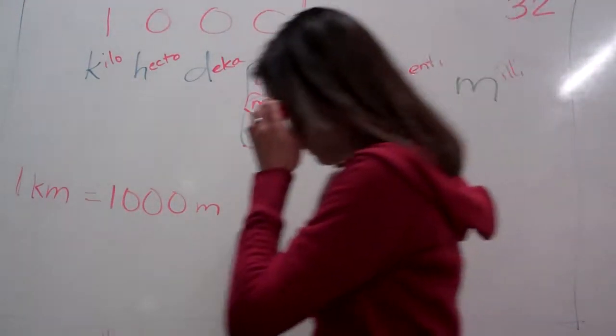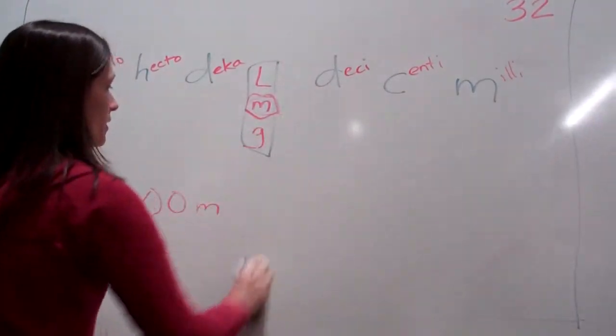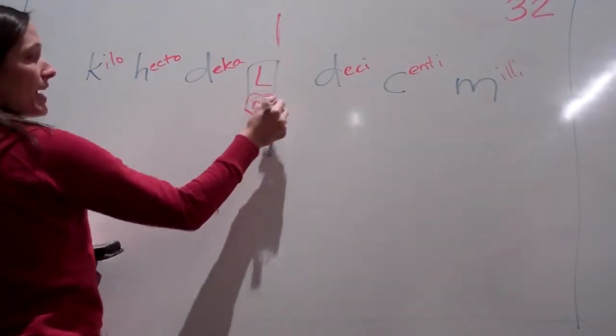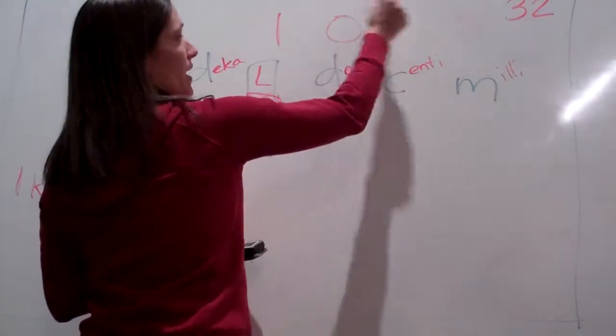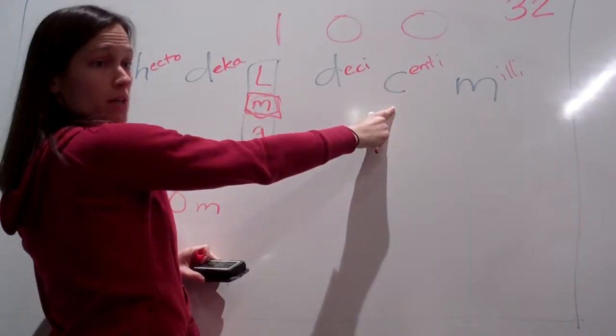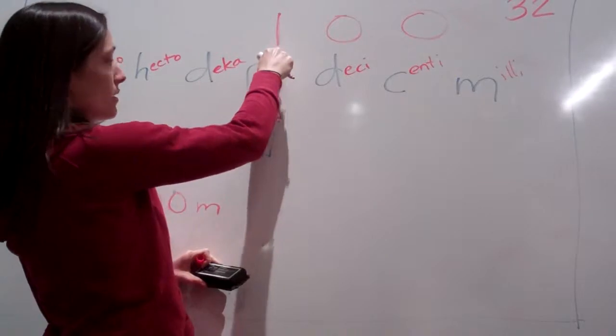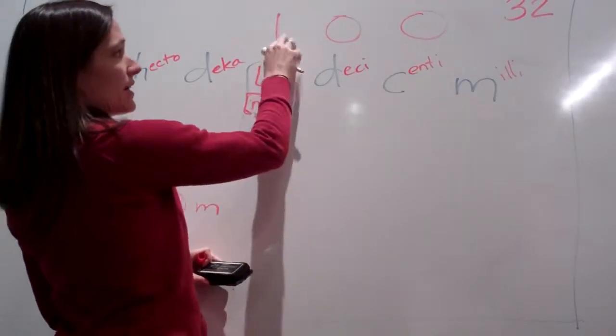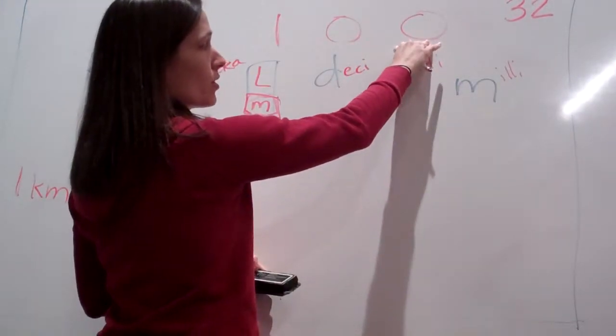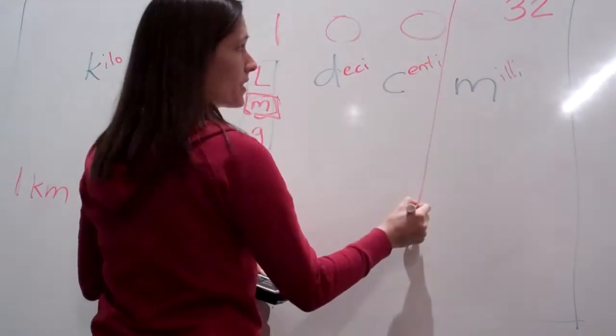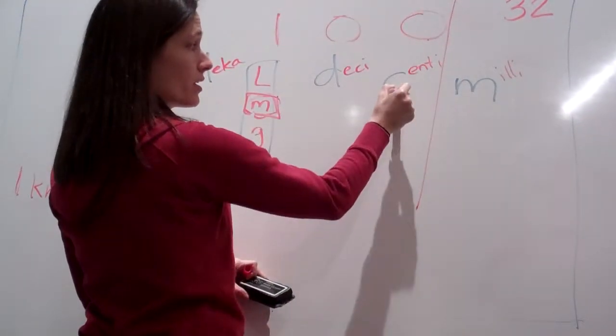Now, 1 meter is the same thing as 100 centimeters. Everybody see how I did that? 1 meter, and then I filled everything else in with zeros, and I stopped there, so that's 100 centimeters.